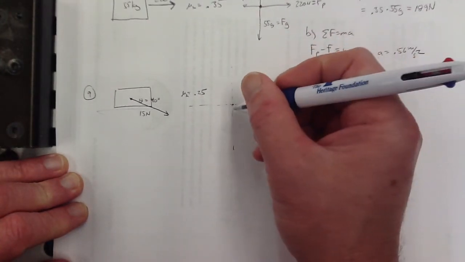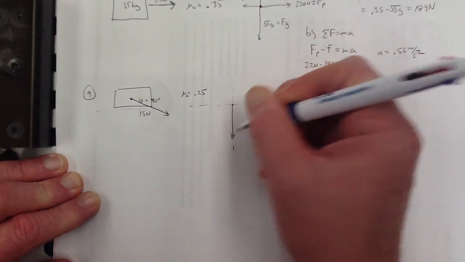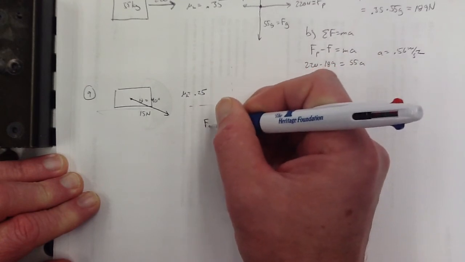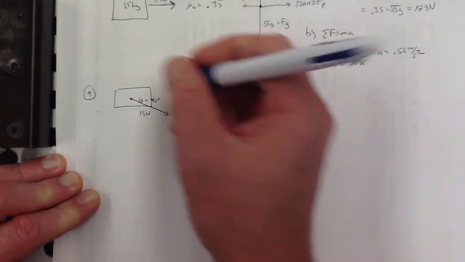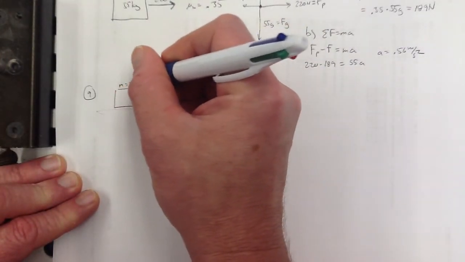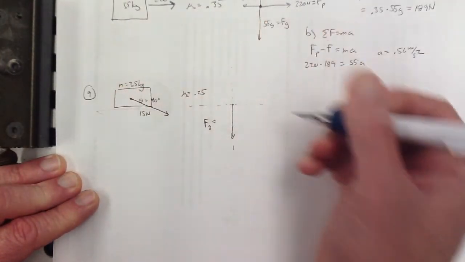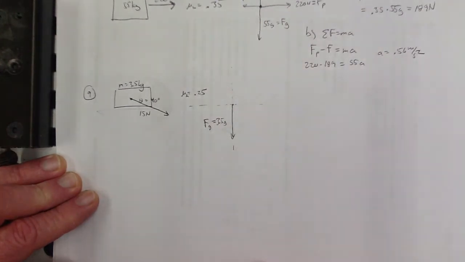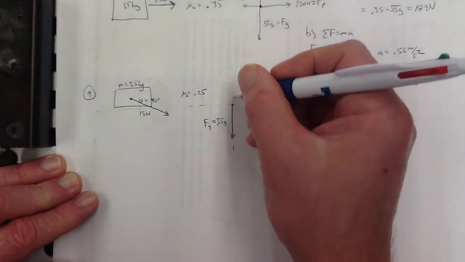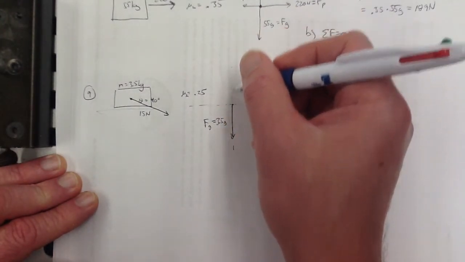So I've got the force of gravity, because it doesn't care what we're doing. Do I know the mass of this thing? I do, 3.5 kilograms. Right, and then the normal force would be 3.5 G also.